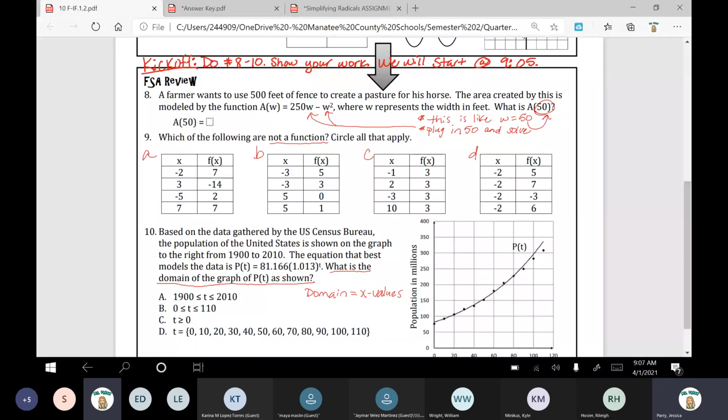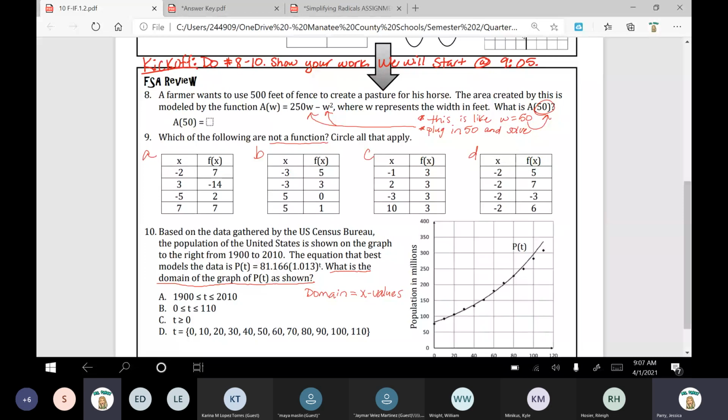For number 8, it says a farmer wants to use 500 feet of fence to create a pasture for his horse. The area created by this is modeled by the function A(W) = 250W - W², where W represents the width in feet. What is A(50)? So I gave you guys little hints there.